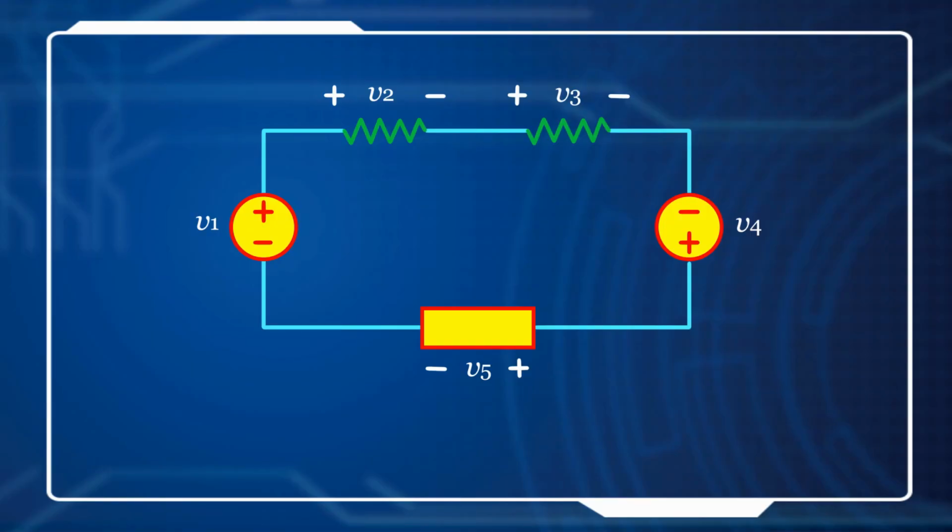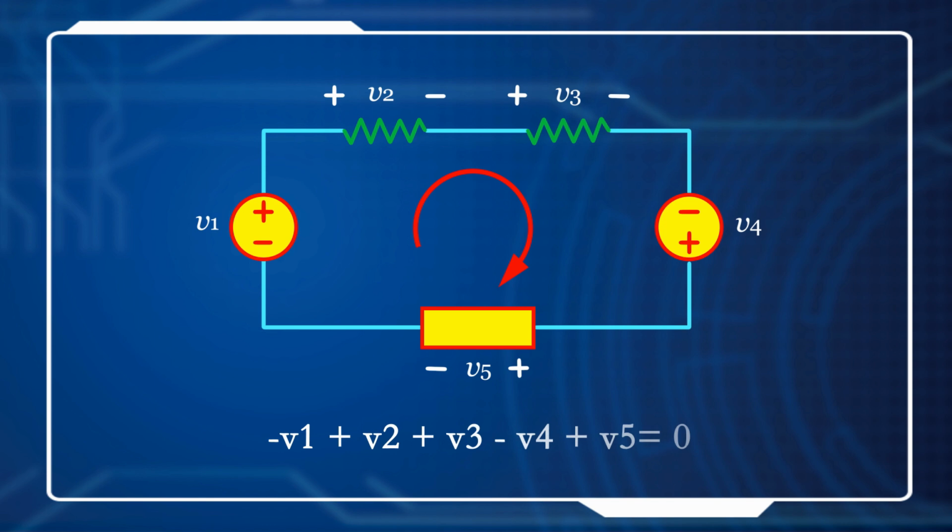For example, in this circuit, we can find only one loop, and we can choose a direction, which is the clockwise direction, and we can add all the voltages in the loop together, and we get minus V1 plus V2 plus V3 minus V4 plus V5 equals 0.